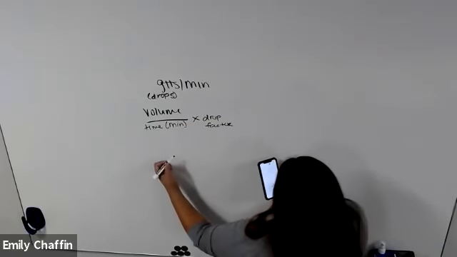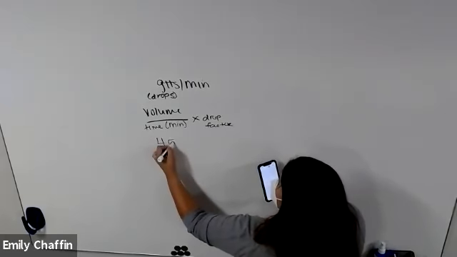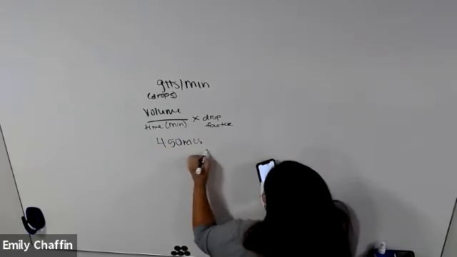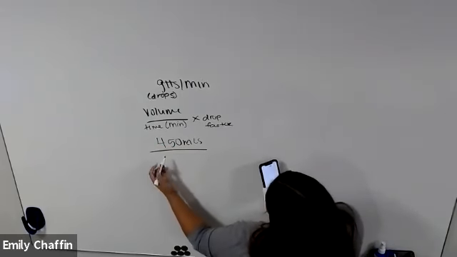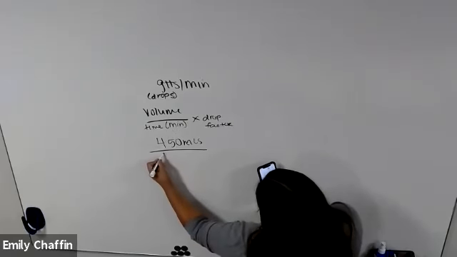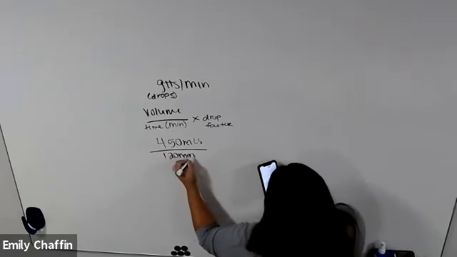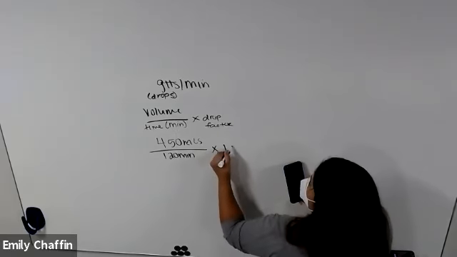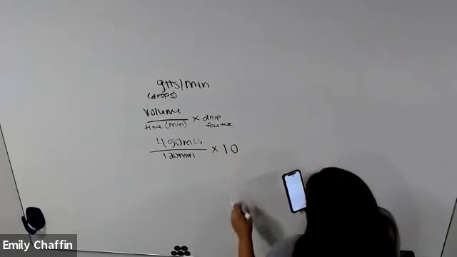So in this problem, you have 450 mLs of fluid to give within 2 hours, but for this formula, you want to give it within minutes. So it's 120 minutes times 10. So we'll say the drop factor is 10.